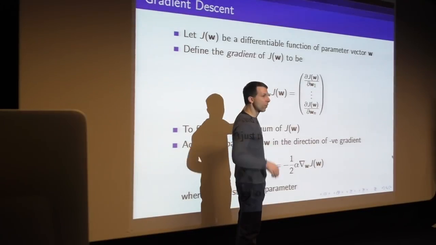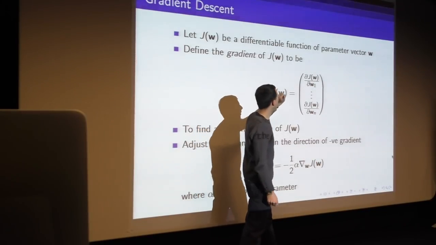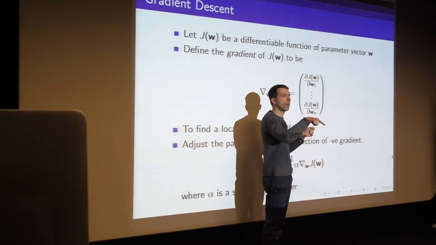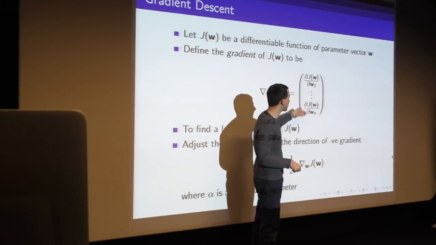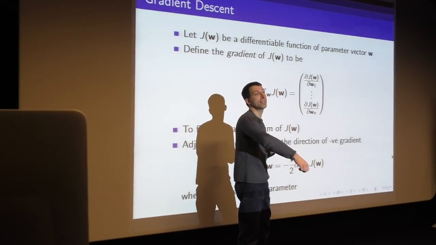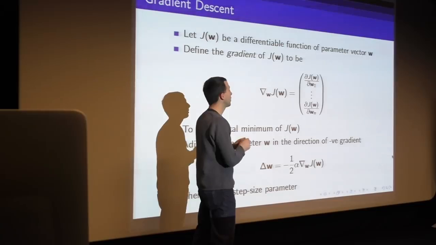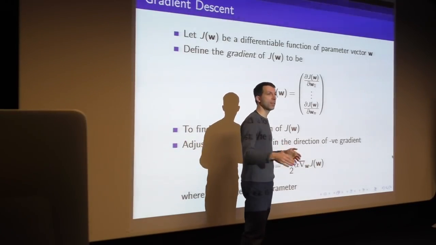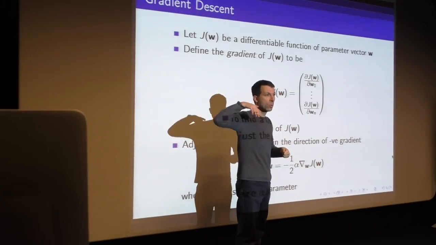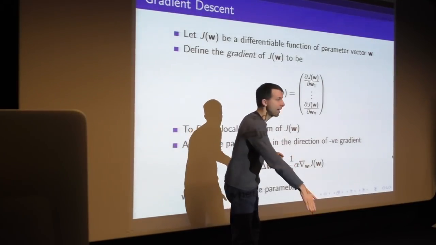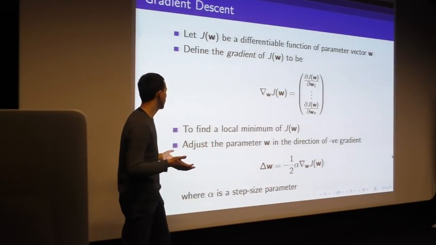What we're going to find the gradient vector to be is the vector of partial derivatives with respect to each of our parameters in turn. So this vector basically tells us the direction of steepest descent, or steepest ascent. And we're going to follow this downhill. So this tells us, if I'm on some surface, which way is down? And I want to follow that down my surface in the steepest possible way.